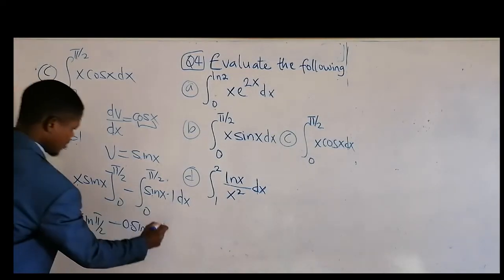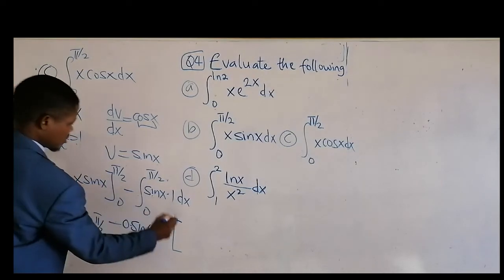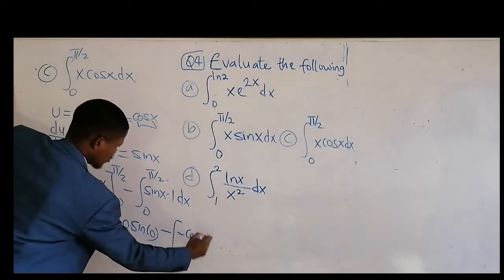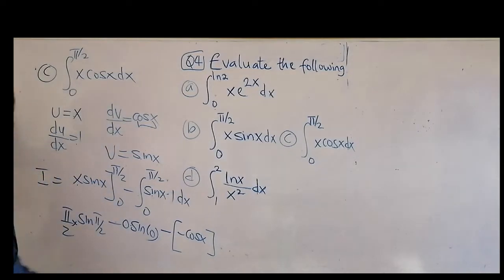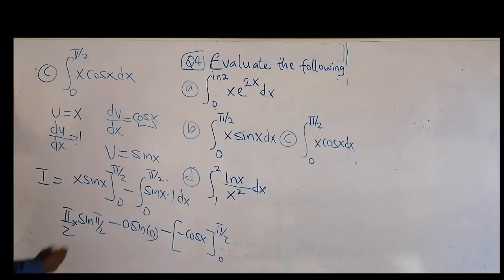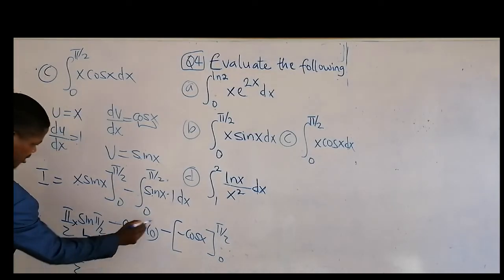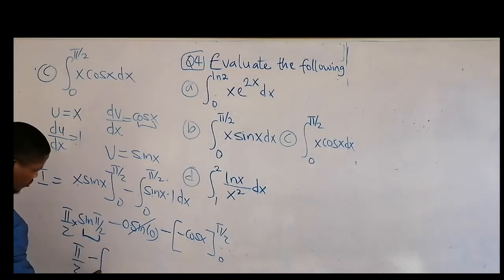Okay, then we'll come here, then minus integral of this one is what? Is minus cos x. So the upper boundary, pi over 2, and then 0. So sine pi over 2 is 1, so we have pi over 2 in this place. Then this is cancelled, this is 0, then open the brackets.